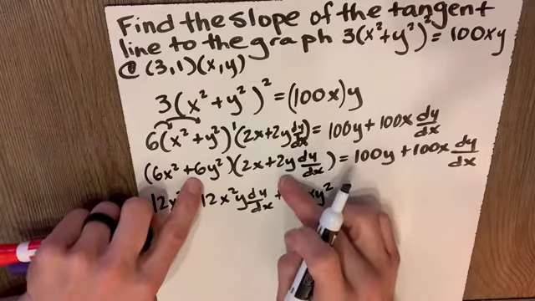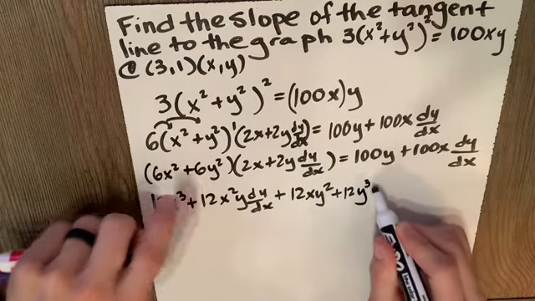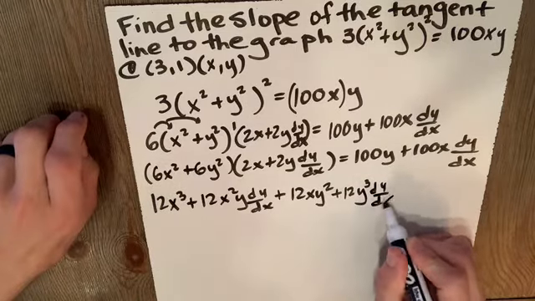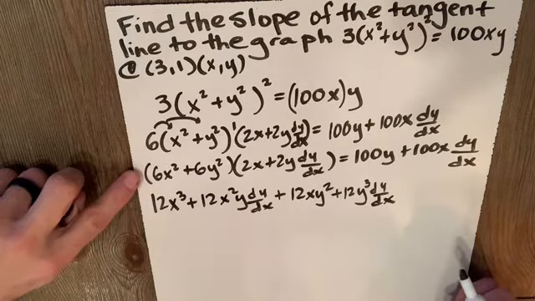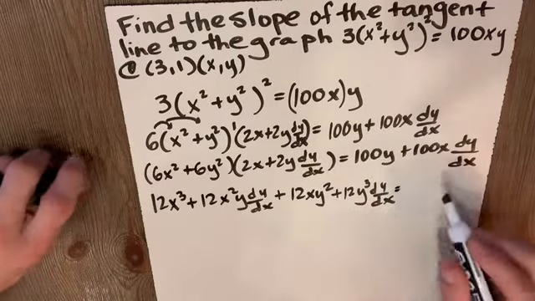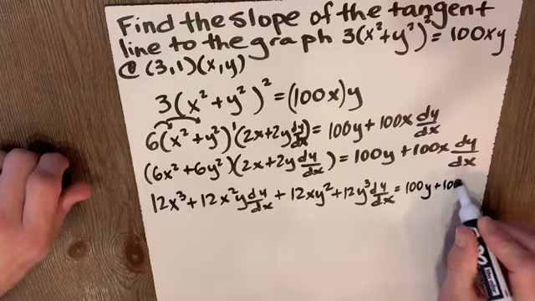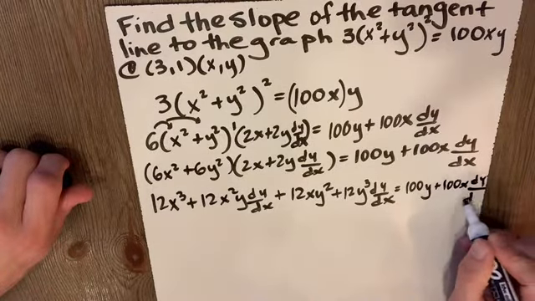And last gives me plus 12y cubed dy dx. So we have to have very strong algebra skills in order to be able to go from there to there. Of course, this is still equal to 100y plus 100x dy dx.